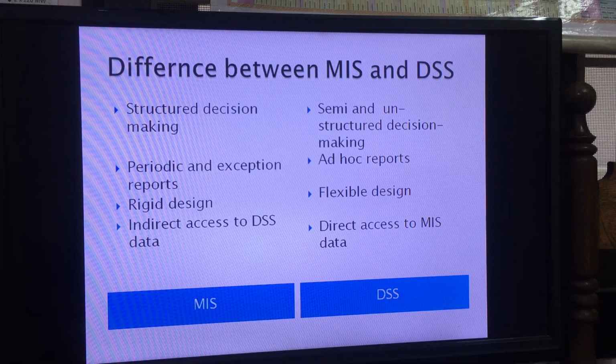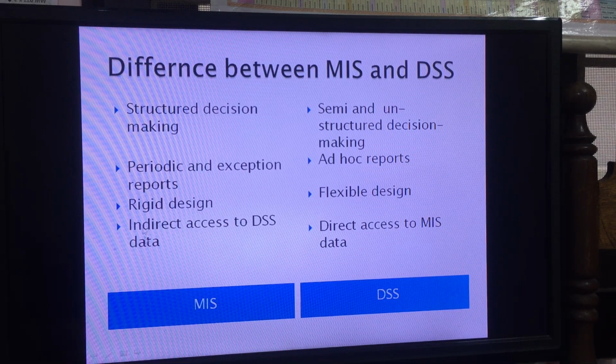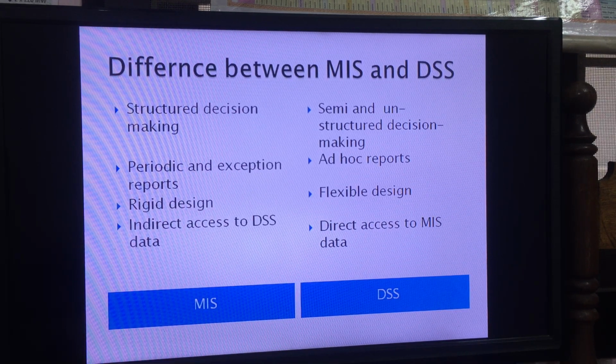MIS does not get direct access to information from DSS, but decision support system gets direct access to information from MIS because the output of MIS acts as input to the decision support system.